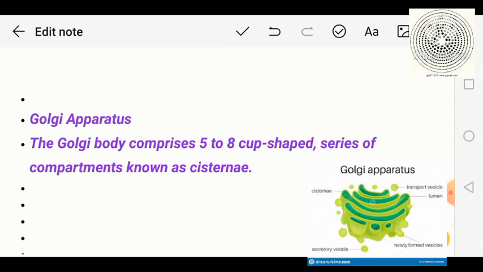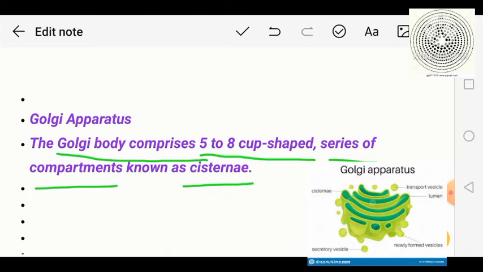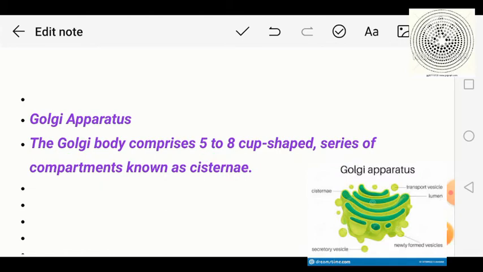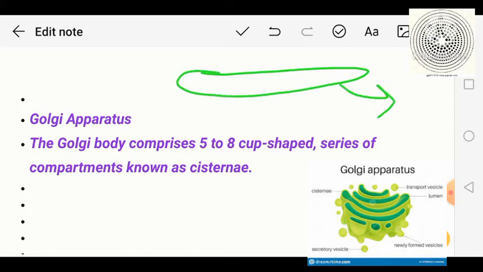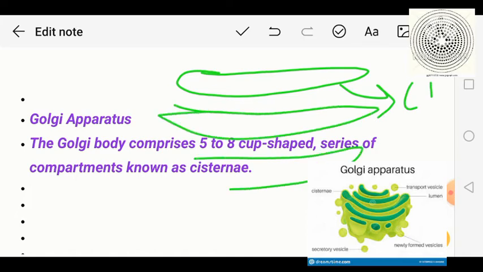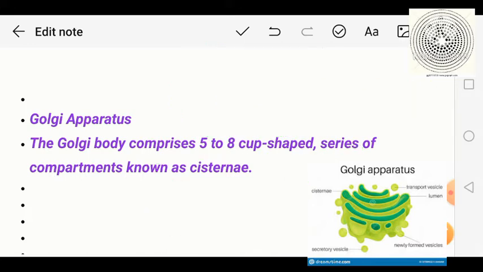So Golgi bodies comprise 5 to 8 cup-shaped series of compartments known as the cisternae. Try to understand, cisternae means the cup-shaped or flattened body. Generally 5 to 8 such cisternae stack over each other and form the Golgi complex.